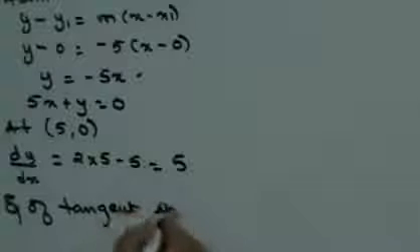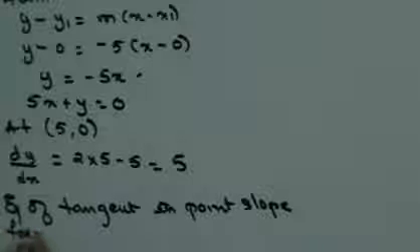Next, at the other point, the point 5, 0, dy by dx is going to be 2 into 5 minus 5, 10 minus 5, that is 5. Therefore, the equation of tangent in point slope form, y minus y1 is equal to m into x minus x1.